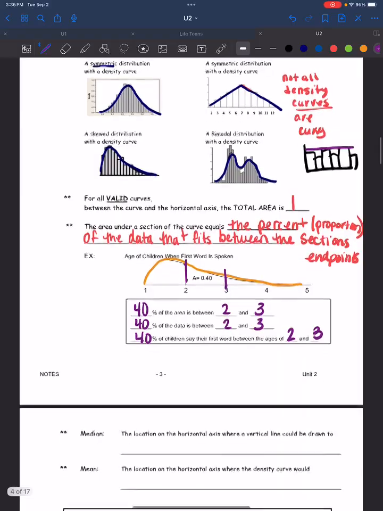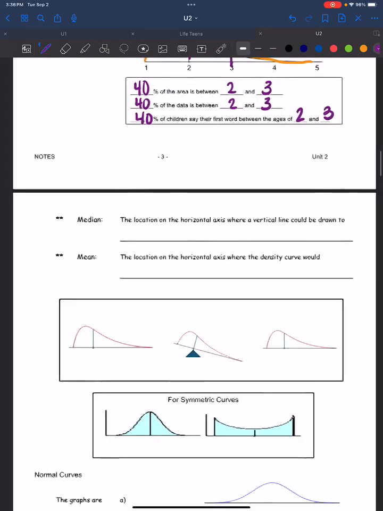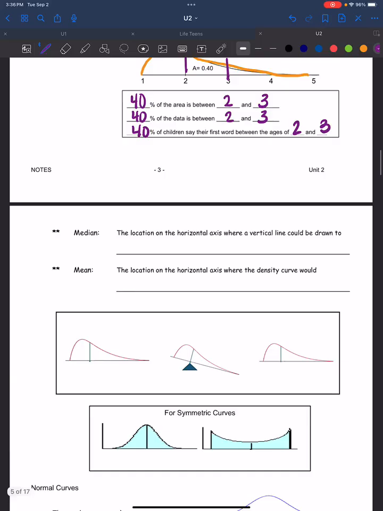Moving on, a couple other things we should know about density curves are really just this top part. One thing we can get a quick reference for is the median. The median is located on the horizontal axis where a vertical line could be drawn to split the data in half.